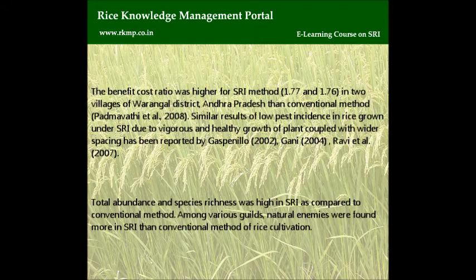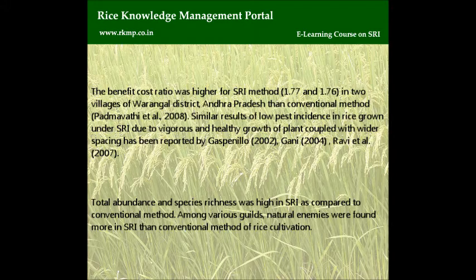Padmavati et al., 2008. Similar results of low pest incidence in rice grown under SRI due to vigorous and healthy growth of plant coupled with wider spacing have been reported by Gaspanillo, 2002, Ghani, 2004, Ravi et al., 2007.